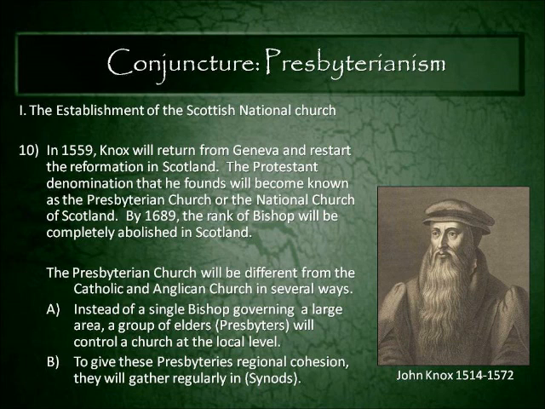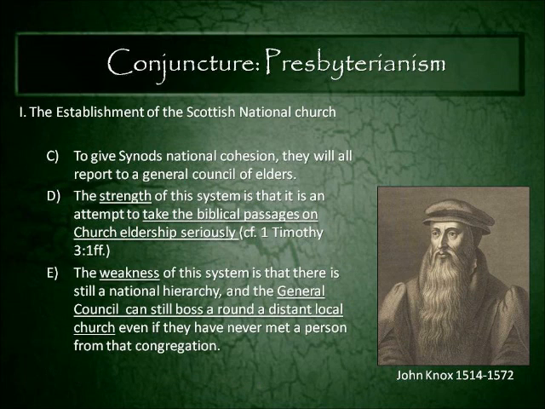And so the presbyteries will form into larger groups called synods, and these synods will meet regularly and enforce protocol over large regional areas. And then to further stress this, the synods will all gather together once a year for national cohesion. And when these synods all gather together, this will be known as the General Assembly.